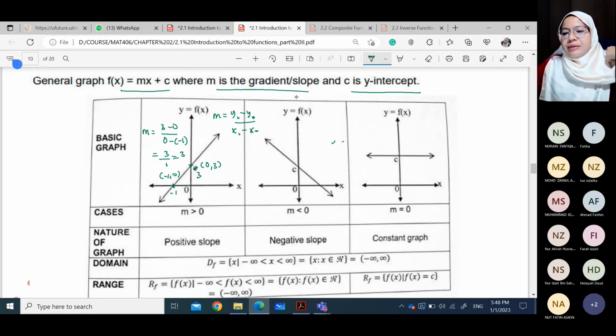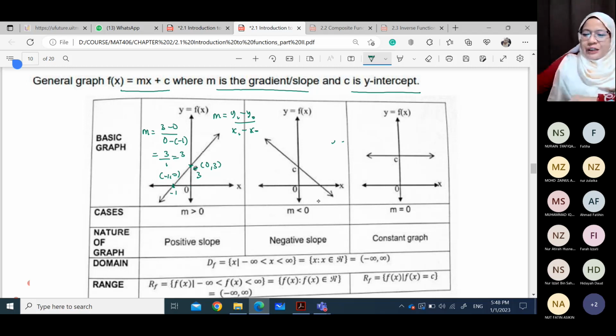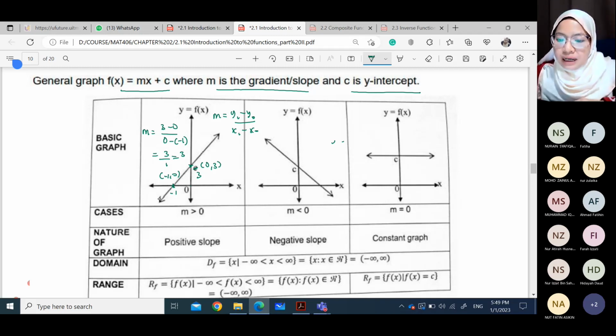Alright. Faham? Okay, so this one case m greater than 0. So if m is greater than 0, then we will have this straight line. Okay, so kalau dia negative, m negative, then we have this straight line. And m equal to 0, this one, dia tiada kecerunan.